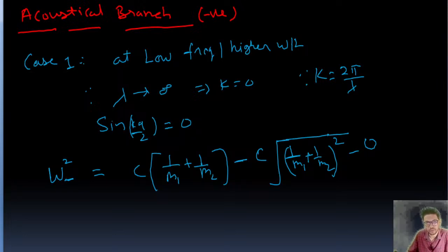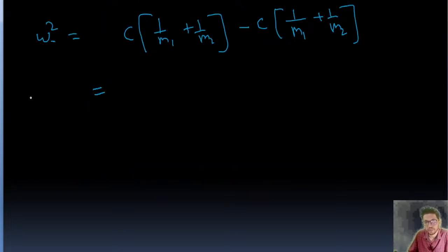So this is the value. Now from here, omega minus square value, this will get cancelled.